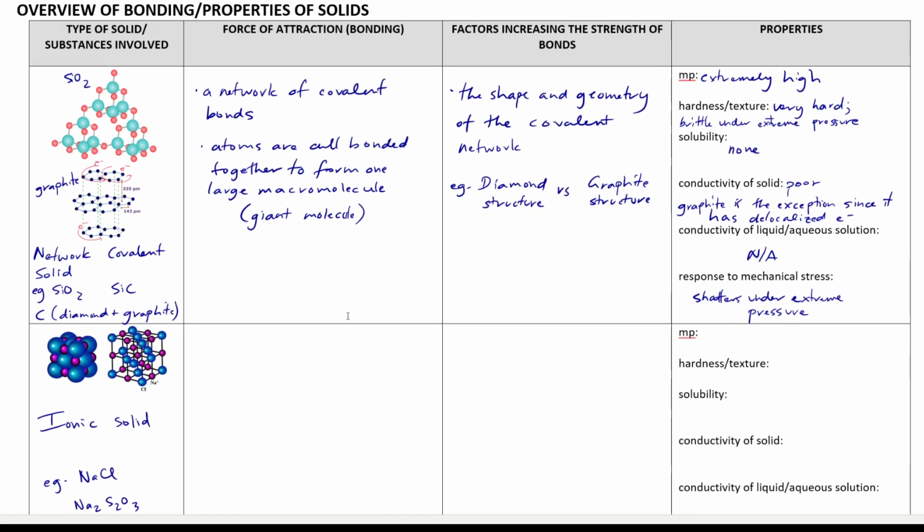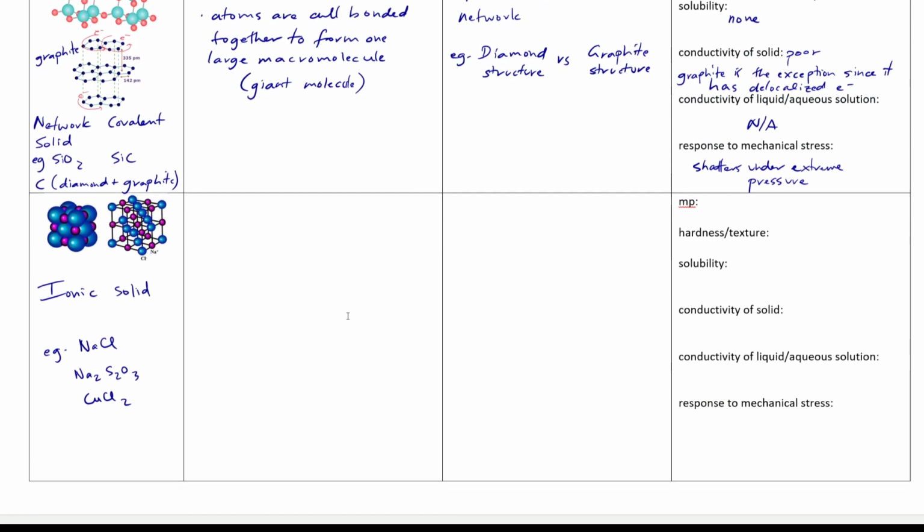These are all examples. And if we go up to the top, well, what are the forces of attraction holding this solid together? Well, we have ionic bonding holding the solid together.